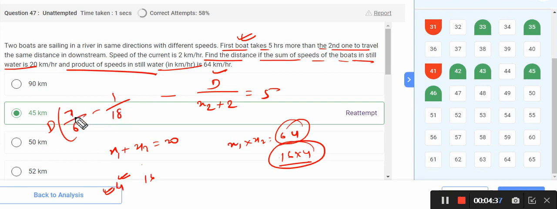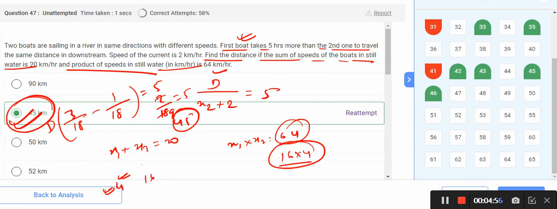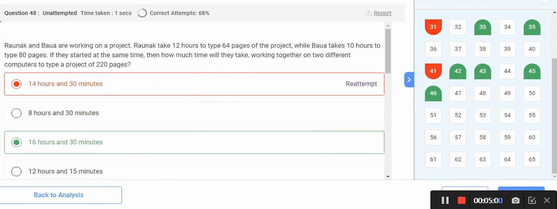So we have to multiply the numerator and denominator by 3 to make the denominators equal. So 2 by 18, it will become 9 equals 5, so 45. So the value of D will be 45. Okay, moving to the next question.